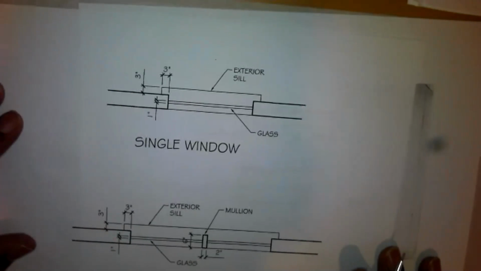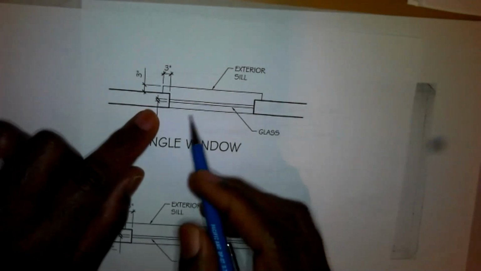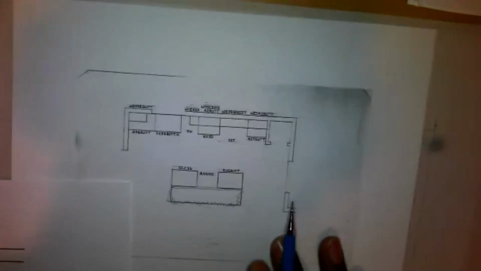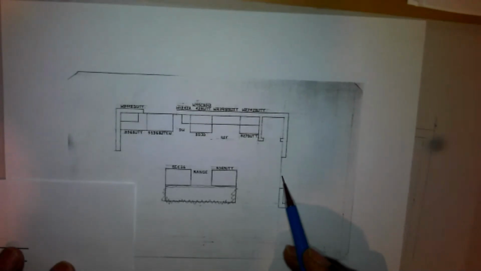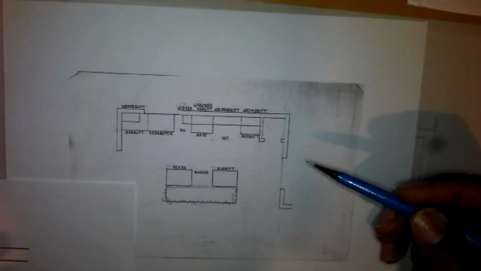So regardless if it's a casement window or a double hung window, if it is a single window, and I think all of your windows are single windows. You don't have a double unit anywhere, do you? No, it's just double hung, right? Right, but I'm talking about the width of the window. Yeah, it's just single.